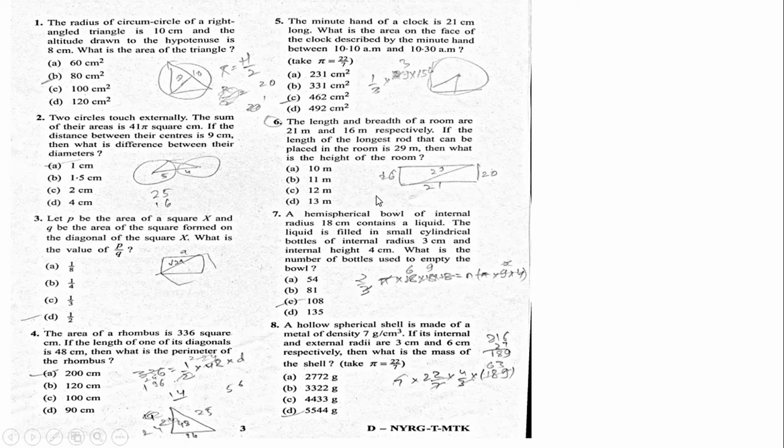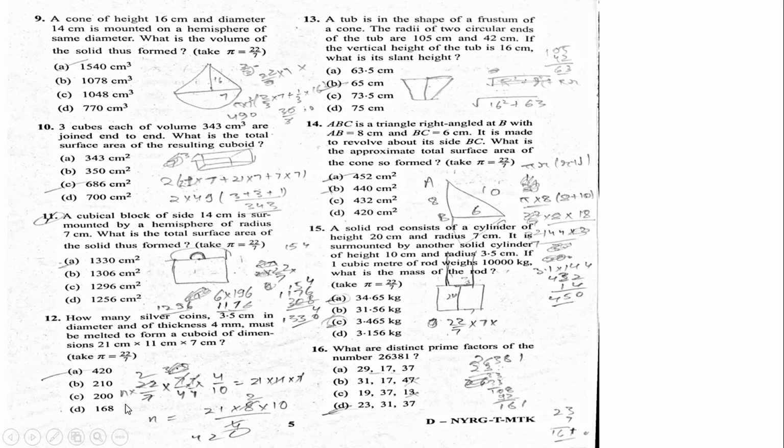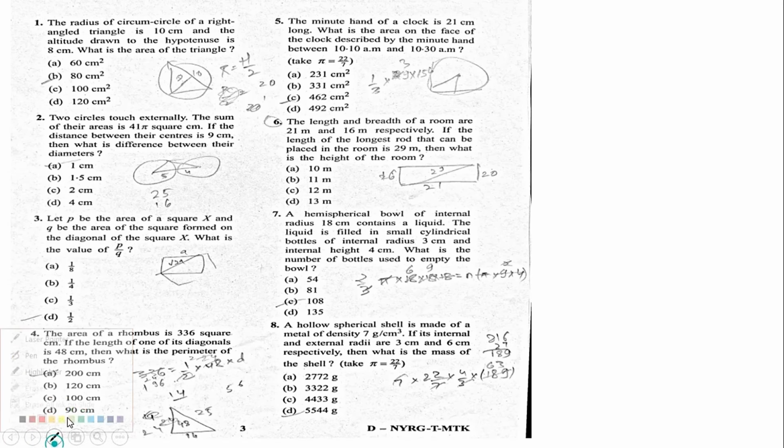So 29 square minus 21 square plus 16 square, the squares of these two will be added and then subtracted from the square of 29. So the answer comes out to be 12, that is option C, 12 centimeter.